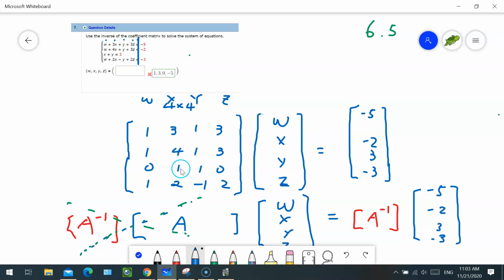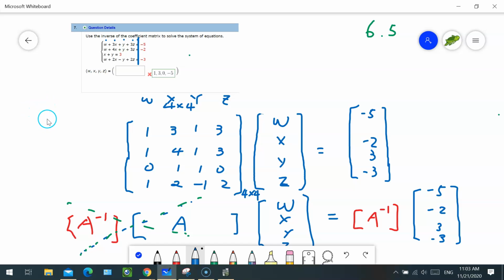For x, I fill in the 1, 1, and the 0 with z. The last equation has 1, 2, negative 1, and 2. So the first matrix here is a square matrix. So 4x4. With the 4x4, I can find the inverse.